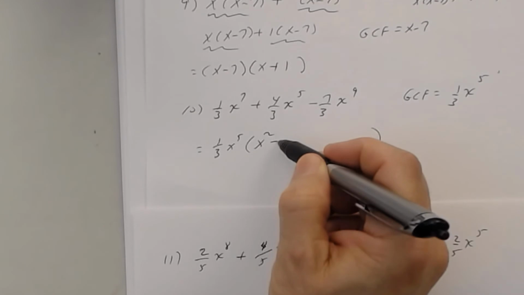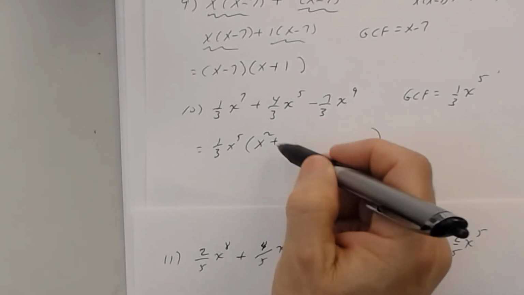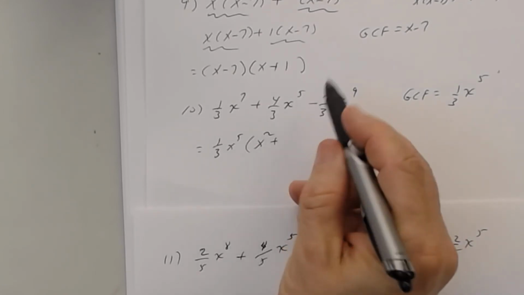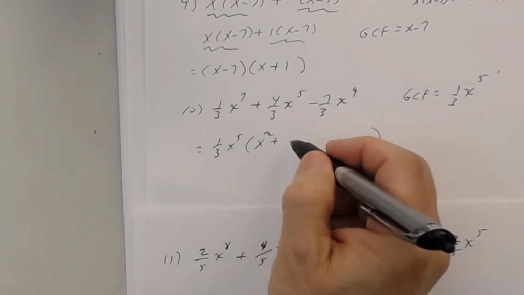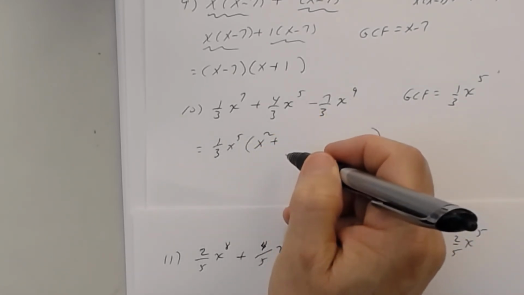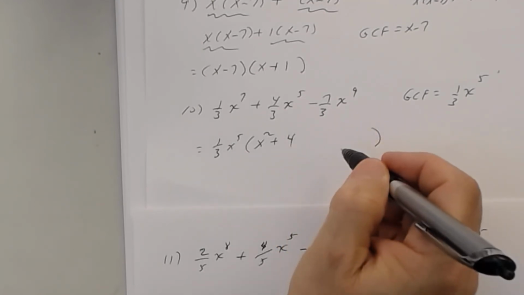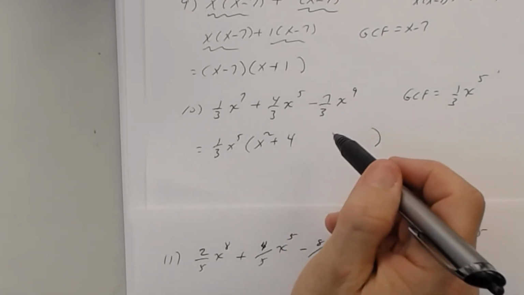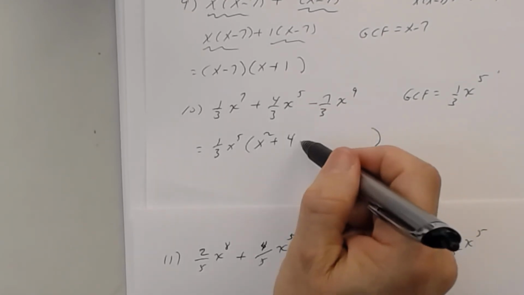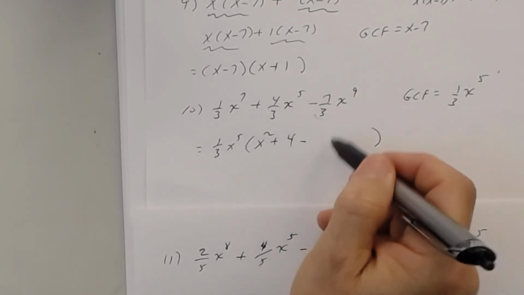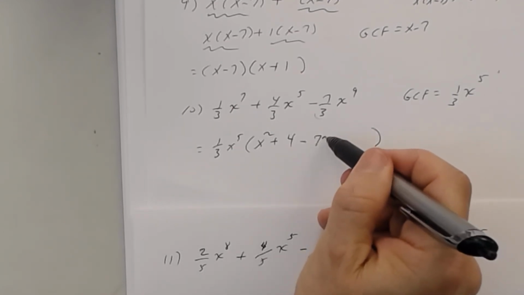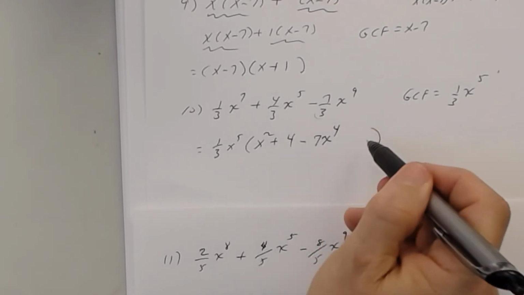Over here, though, what's going to be this term, do you think? 1/3 x to the 5th times what is 4/3 x to the 5th? 1/3 times what's 4/3? 4. All you need is 4. Because 1/3 x to the 5th times 4 is 4/3 x to the 5th. Minus, what do you think goes here? 7 what? X to the 4th.